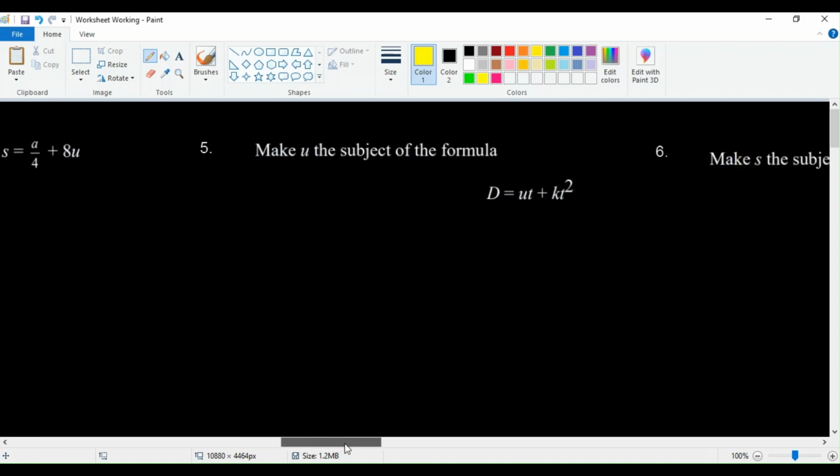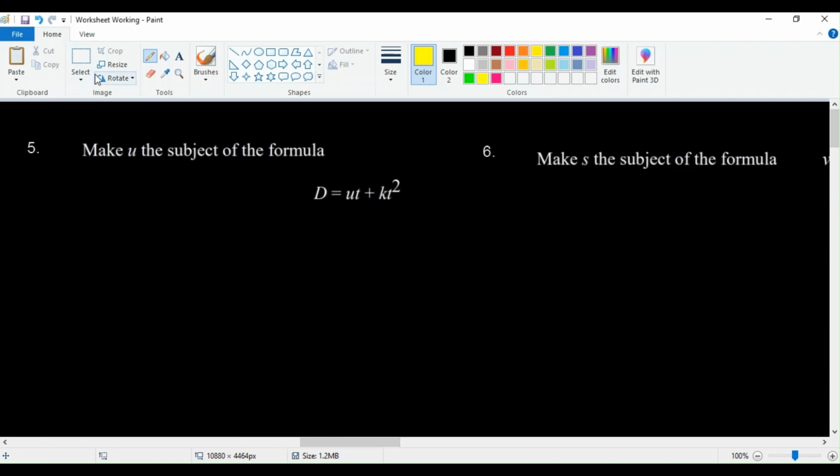Now when it comes to question number 5, it says make u the subject. Now in here what we do is we bring minus k t square onto the left side, and u and t are going to be on the right hand side. No change in it.